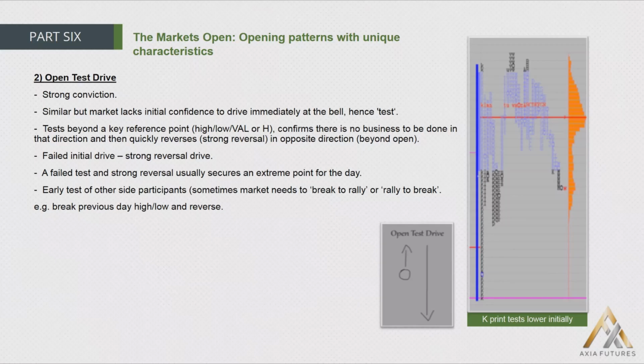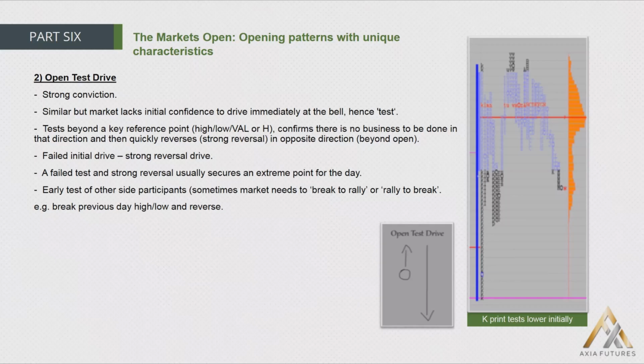Now, the open test drive tests beyond a key reference point. That can be a high, a low, a value low, a value high, a previous day's low, a previous week's low. It could be any key point. The important thing to understand is that it tests a key point where we might see some sort of response and initiative taken from the other time frame.